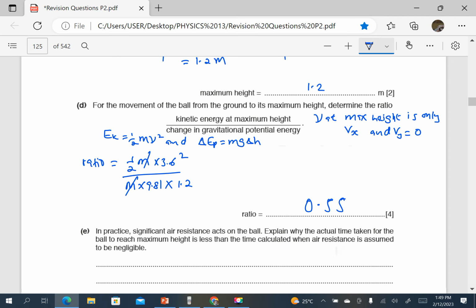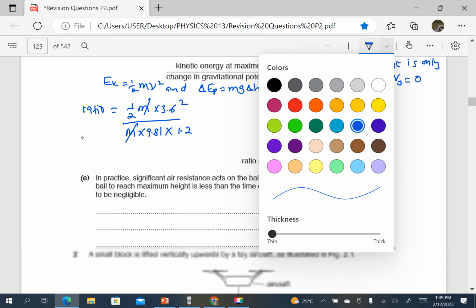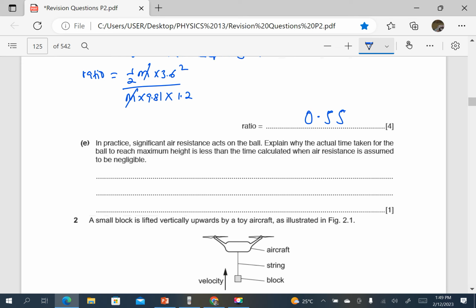That's the ratio. In practice, significant air resistance acts on the ball. Explain why the actual time for the ball to reach maximum height is less than the time calculated when air resistance is assumed negligible. So when the ball is going upwards, let's say this arrow shows the direction of motion.